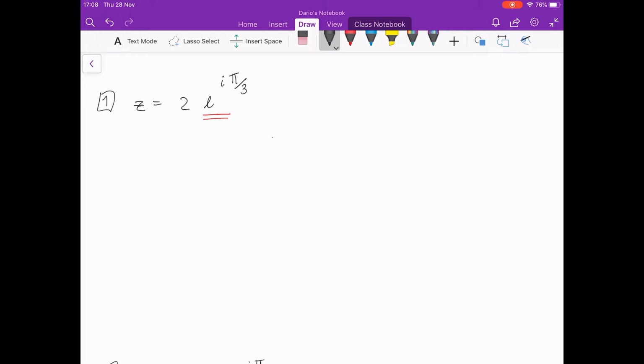So let's rewrite here the fact that e^(iθ) is equal to cos θ + i sin θ. And we have to identify in our e^(iπ/3) term what's our theta. Well, if we inspect this expression and this expression, we see that the i is there, and therefore theta must be whatever multiplies the i, which is π/3.